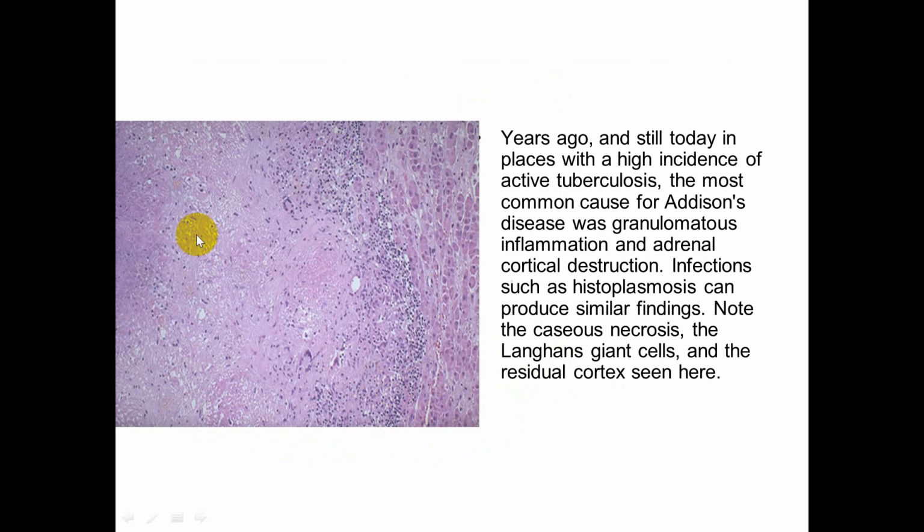This histological picture presents morphological signs in the adrenal gland where Addison's disease develops. A century ago, and still today in places with a high incidence of active tuberculosis, the most common cause of Addison's disease was granulomatous inflammation and adrenal cortex destruction.